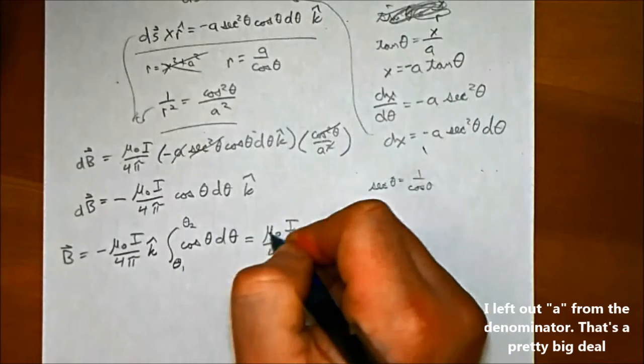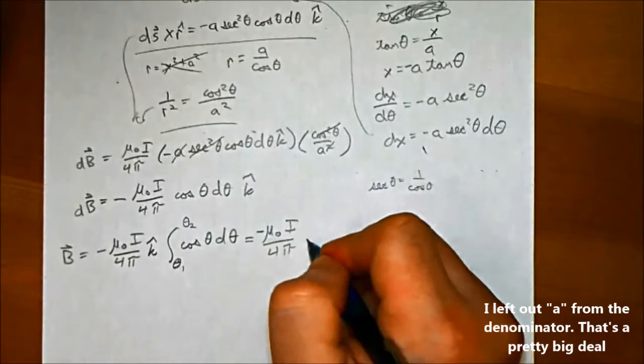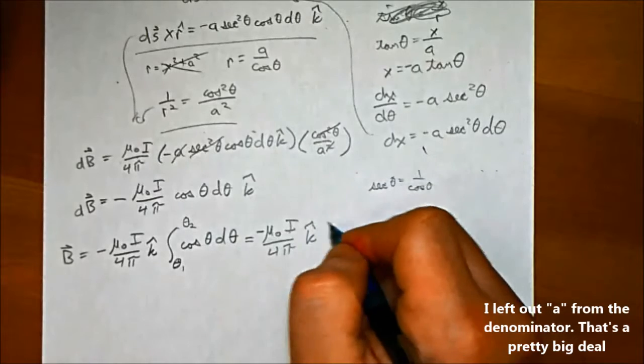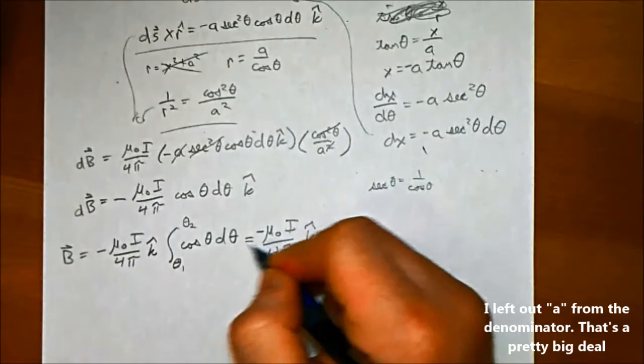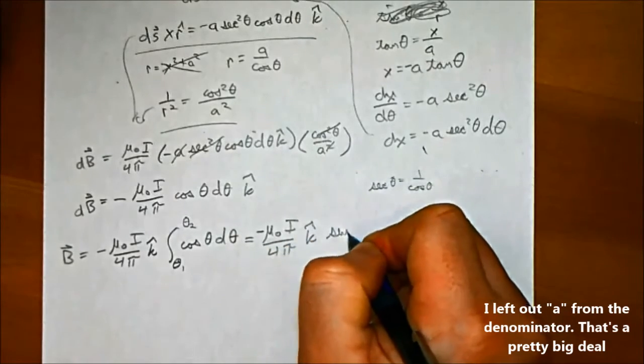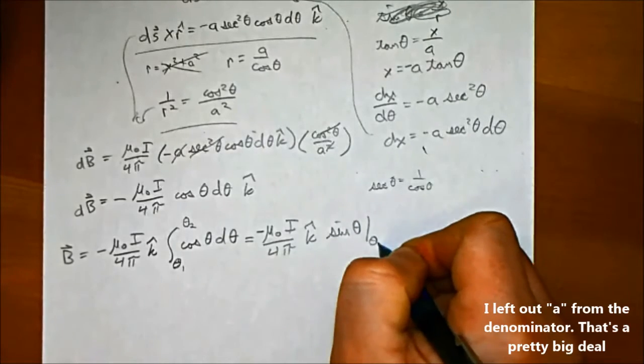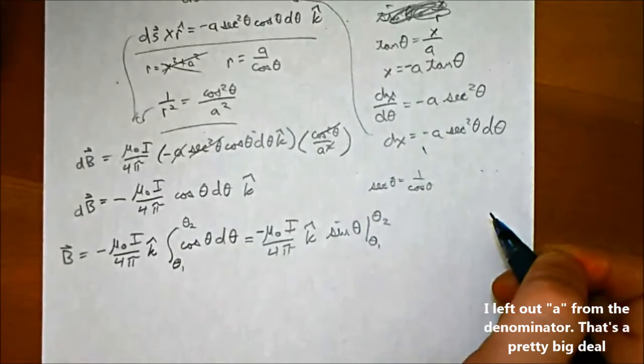So we have negative mu naught I over 4 pi, don't miss the negative, k hat times the integral of cosine of theta, which is just sine of theta, integrated from theta 1 to theta 2.